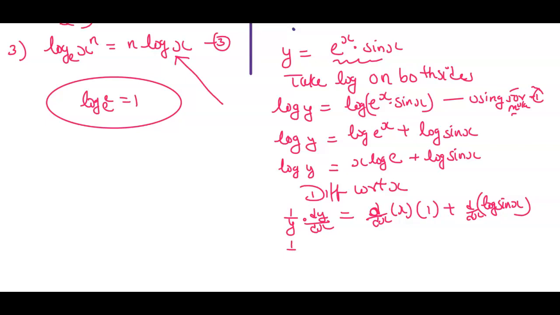Now this is 1 upon y dy by dx, the derivative of x is 1, and for the derivative of log sine x, power and function I have already taught you in the previous video. It is going to be 1 upon sine x, and the derivative of sine x.